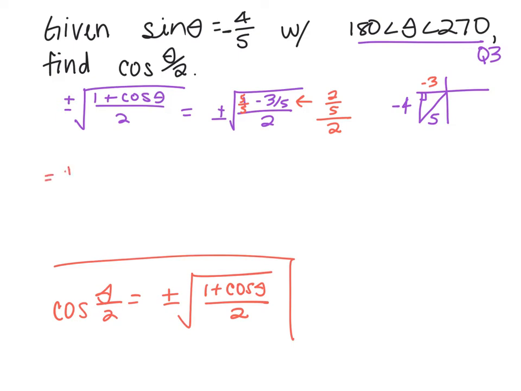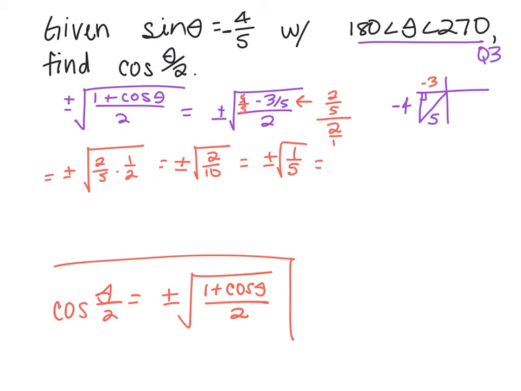So bring that down here, plus or minus. Multiply by the reciprocal. Technically, this is 2 over 1. So we have 2/5 times 1/2, which gets us to plus or minus 2/10, which if we reduce that is plus or minus 1 over 5. Now, we need to go ahead and rationalize this denominator.